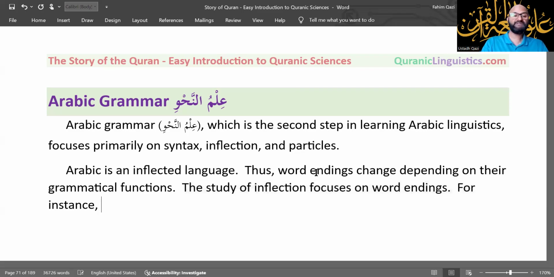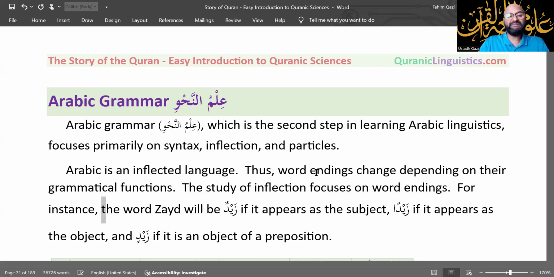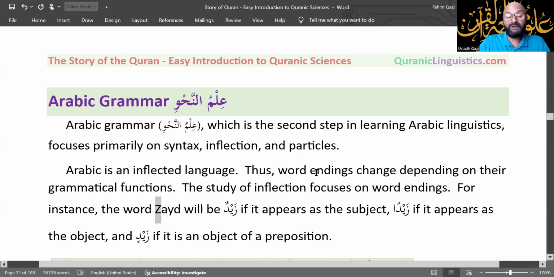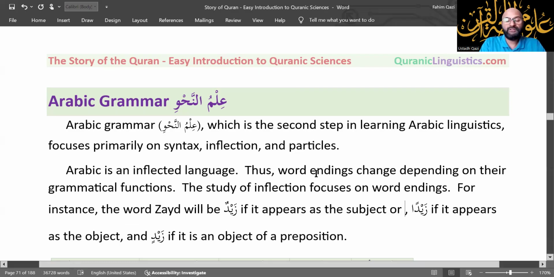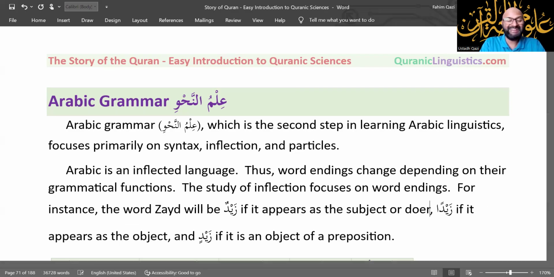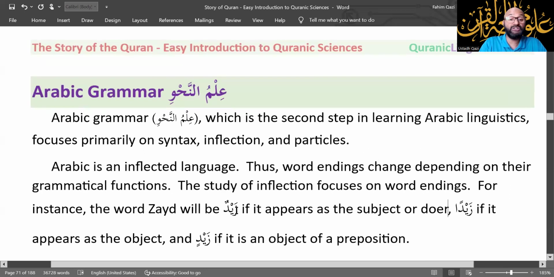For instance, the word Zayd, which is a proper name for a male or boy in Arabic, if the word Zayd appears as the subject or the doer in a sentence, then it will look like Zaydun with the ending on ending.